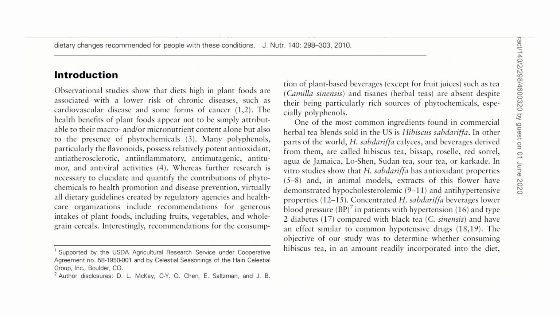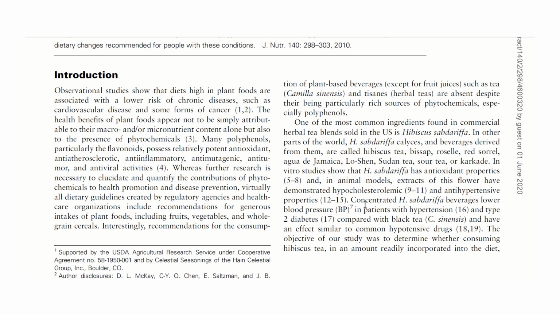So in that paragraph, it says that one of the most common ingredients in commercial herbal tea blends is hibiscus sabdariffa. And then they said here that in vitro studies in animal models have shown it to be effective against hypertension.